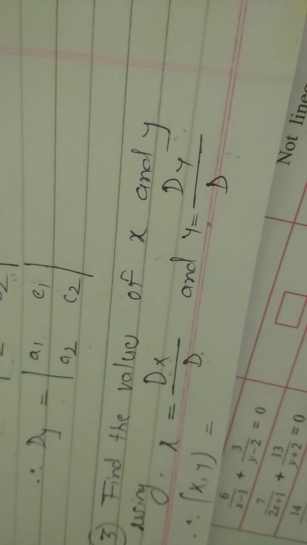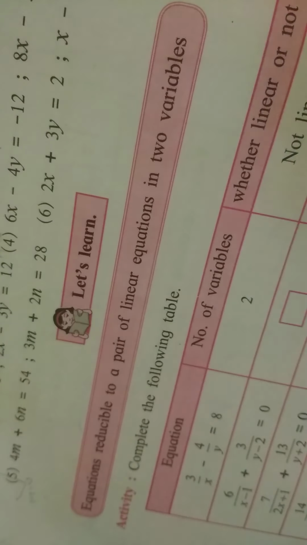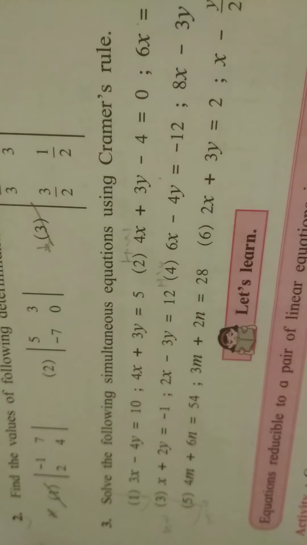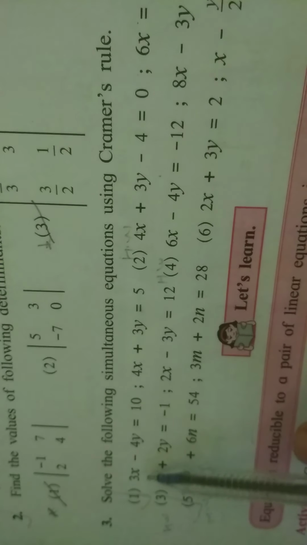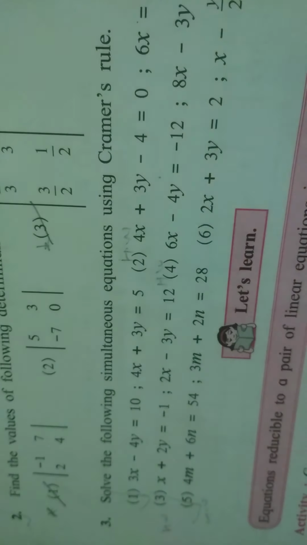Let's solve some examples and try to understand how we solve by the determinant method. Here we will solve the first question. 3x minus 4y is equal to 10. 4x plus 3y is equal to 5.